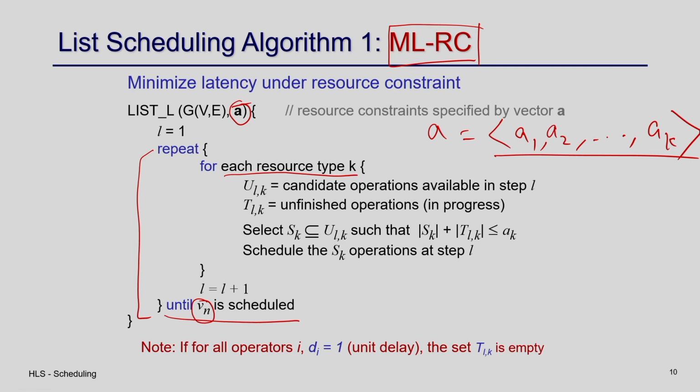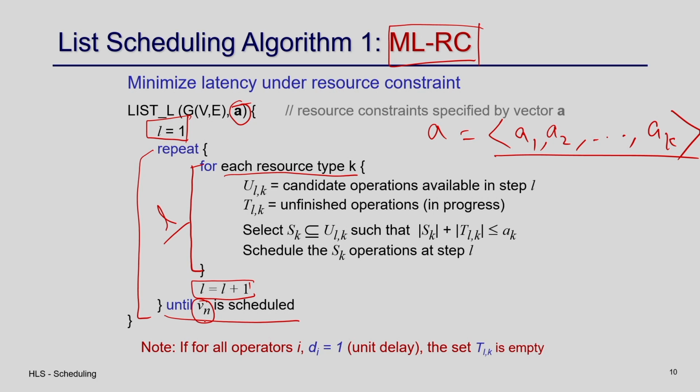You can see here I start my timestamp with L equal to 1, and I am going to increase this timestamp. That means this particular loop is doing the scheduling in timestamp L. Once the Lth timestamp is over, I am going to move to L plus 1. So, I will start my scheduling of timestamp 1, then timestamp 2, then timestamp 3 and so on, right, until my sink node is scheduled.